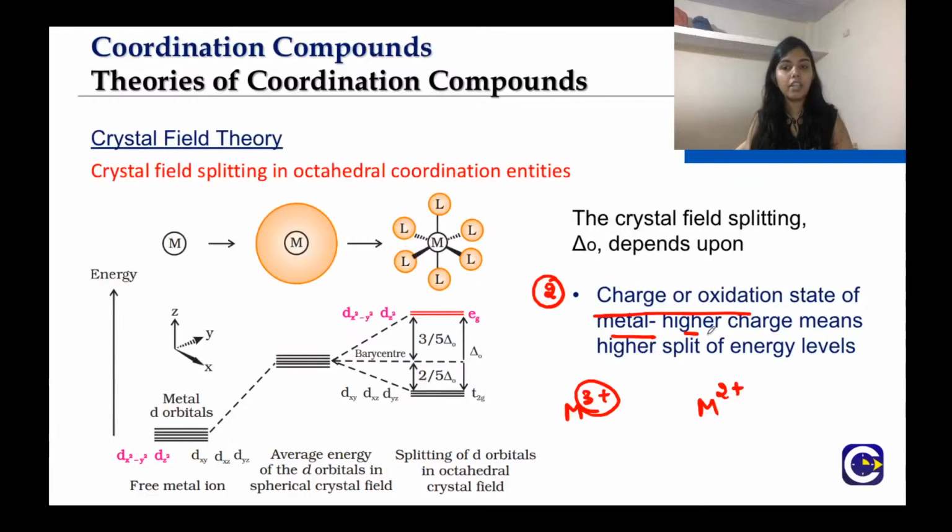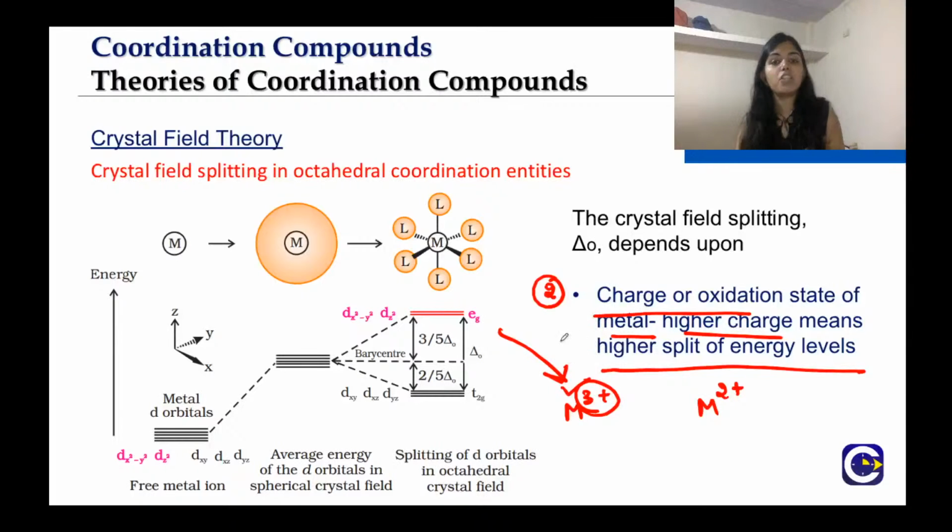So, the higher the charge on the metal atom, higher is the splitting of the energy levels, because higher charge means it will attract the ligand toward itself more, right, because it is much more electron deficient. So, as the positive charge on the metal increases, the ligand metal interaction increases and therefore the repulsion also increases.